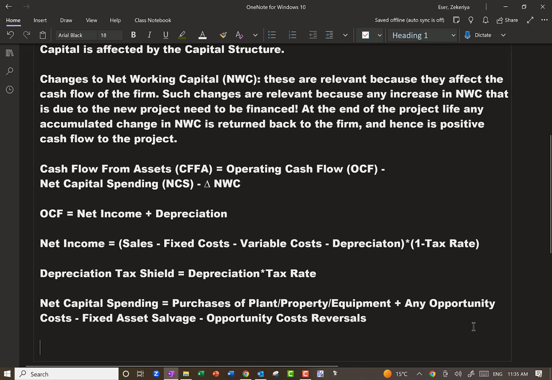Now, let's first develop a spreadsheet that's going to help us calculate depreciation under different kinds of regimes. So, depreciation.